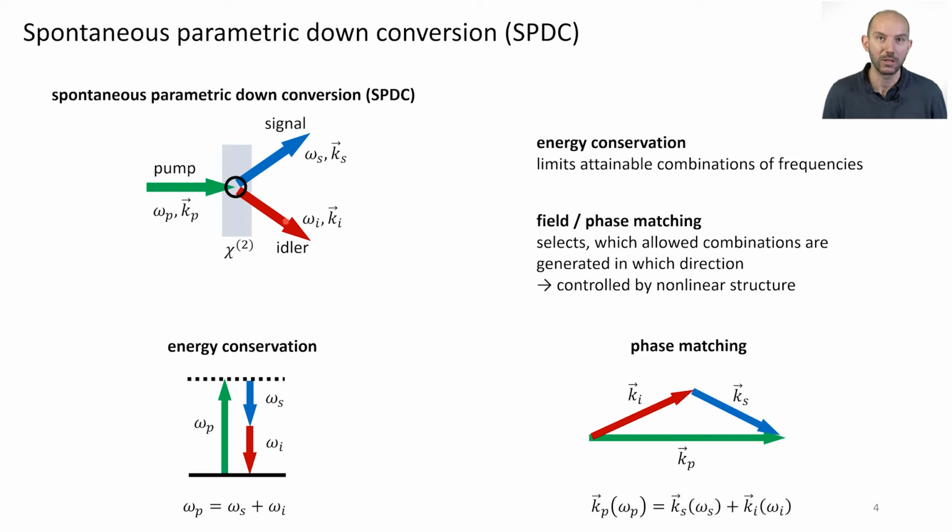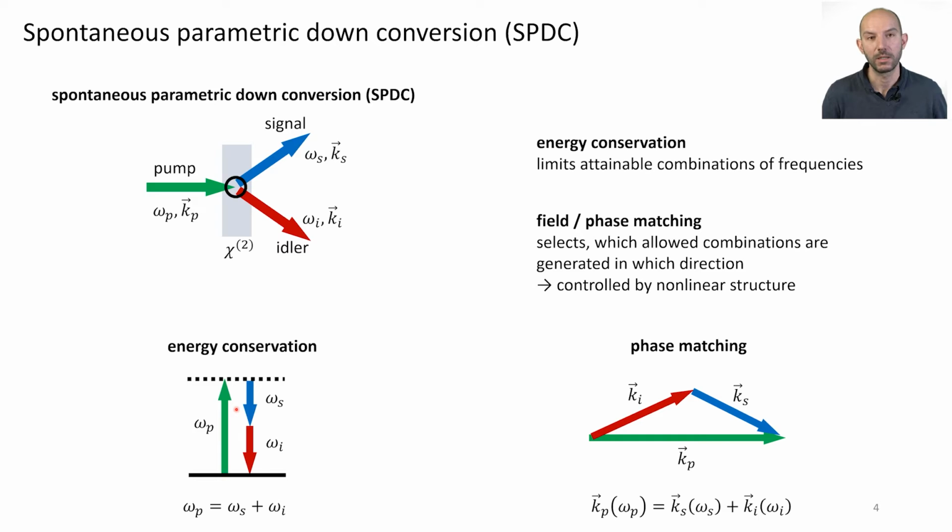Since energy conservation has to hold universally, the frequency of the pump photon has to be equal to the sum of the frequencies of the signal and idler photons, or the energy of the pump photon has to be equal to the sum of the energies of the signal and idler photons.